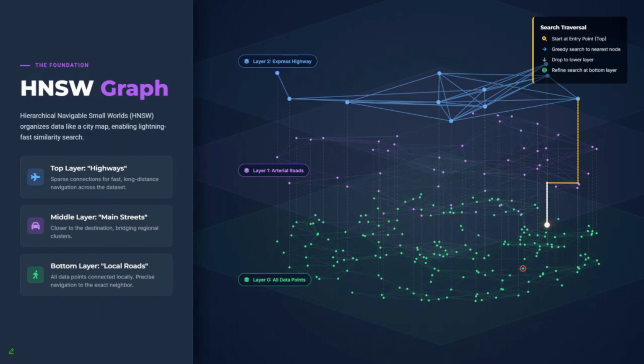Before understanding ACORN's breakthrough, you have to understand why pure similarity search is already so fast. The hero here is a method called HNSW, Hierarchical Navigable Small Worlds. The name sounds intimidating, but the idea is beautifully simple. Imagine your dataset is a massive city.